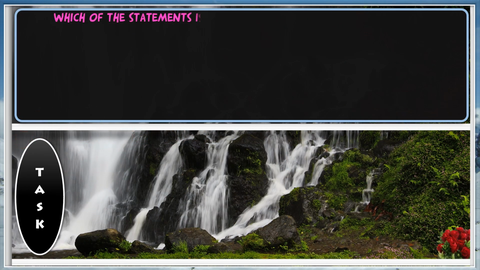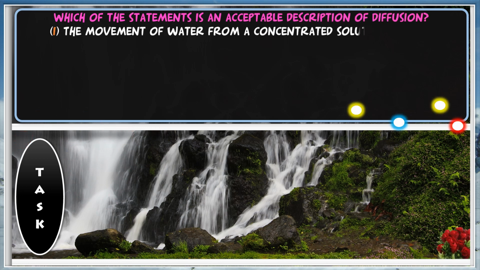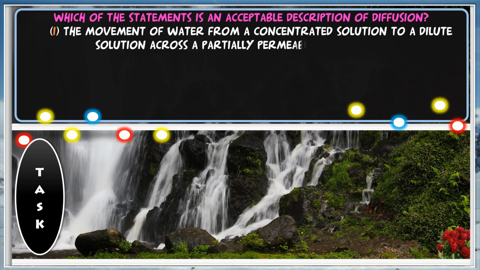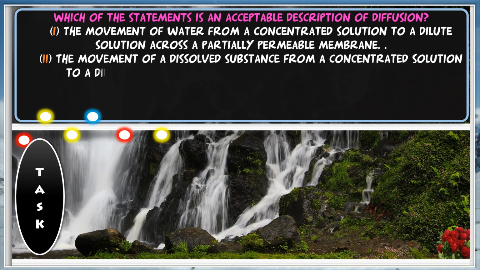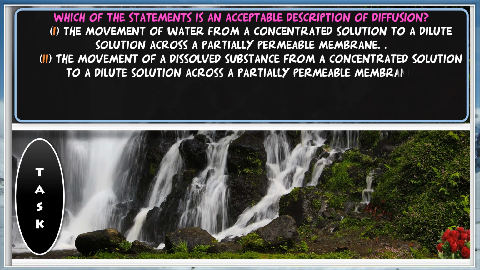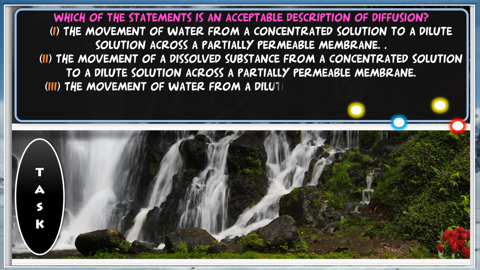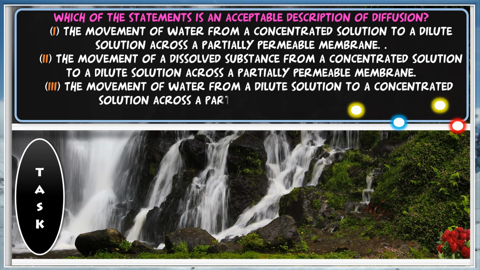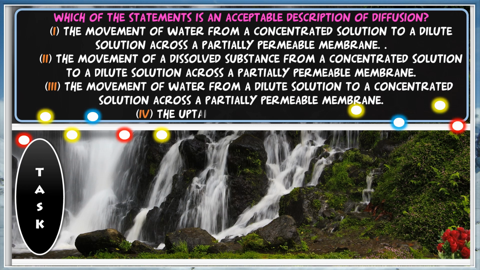Which one of the following statements is an acceptable description of diffusion? 1. The movement of water from a concentrated solution to a dilute solution across a partially permeable membrane. 2.